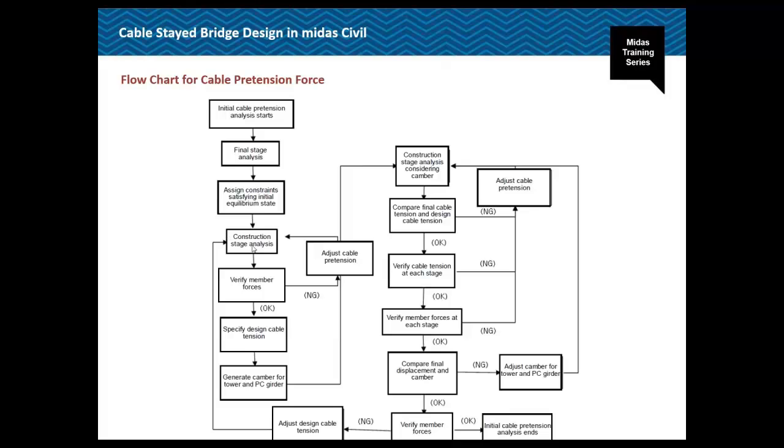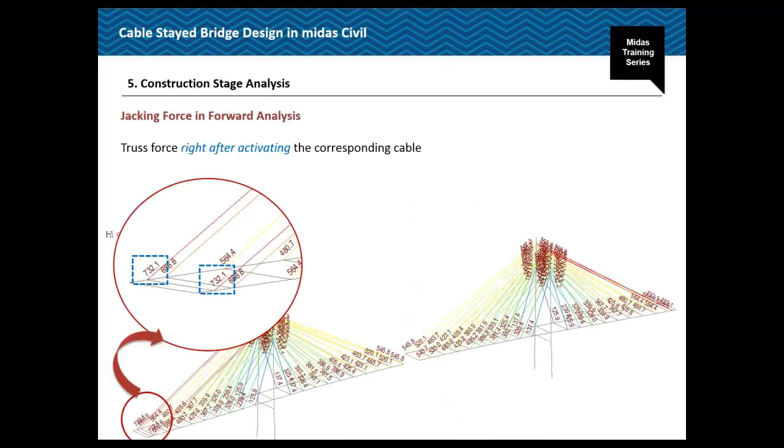With this construction stage analysis, we verify the member force or the deflection of the girder, and if they are not satisfied, we should go into the previous stage again and again. So with this trial and error procedure, we could finally find the cable force in the construction sequence.